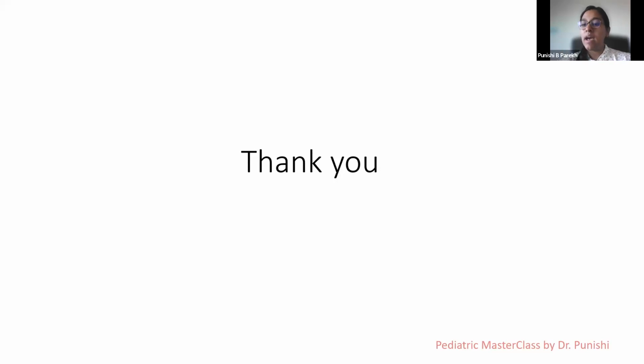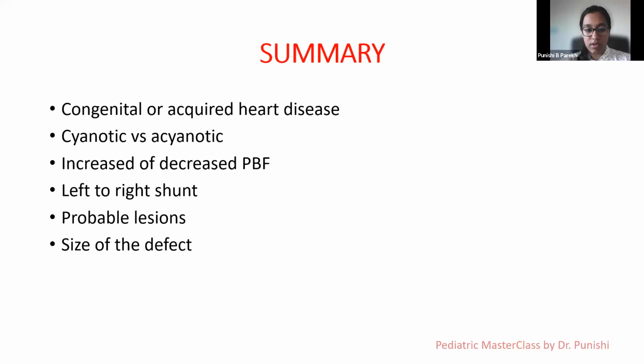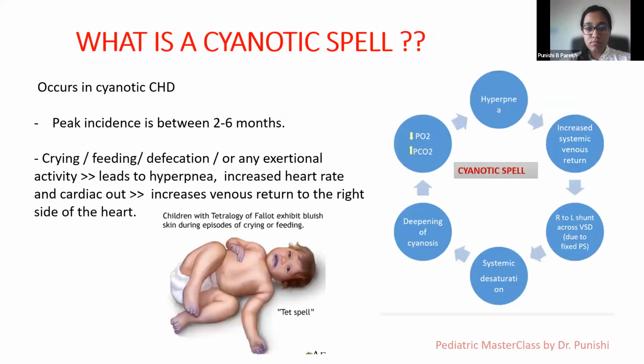Okay, someone's asking how hyperapnea increases venous return. So when you have hyperapnea, along with hyperapnea, you also have increased heart rate and cardiac output. That happens because you have increased sympathetic overstimulation. So when you have increased sympathetic activity and increased catecholamines, you will have tachycardia, tachypnea, and increased cardiac output.